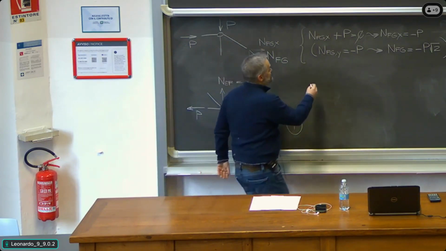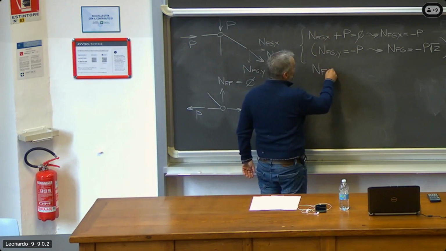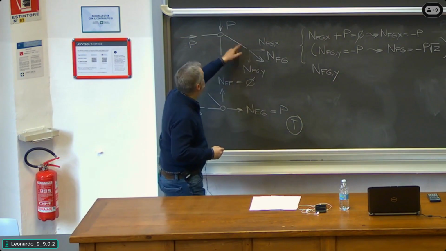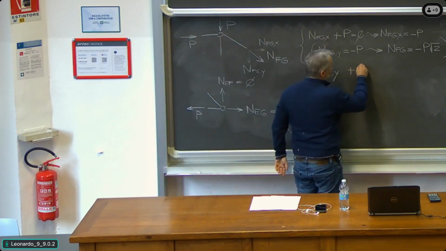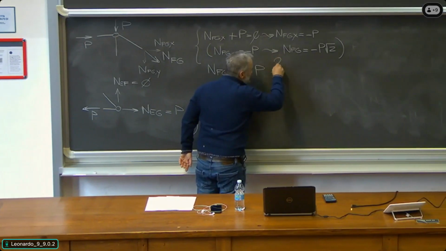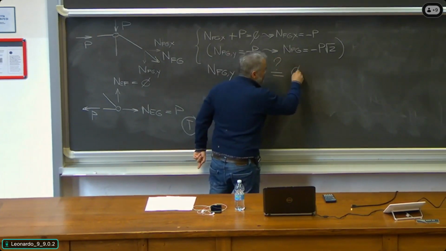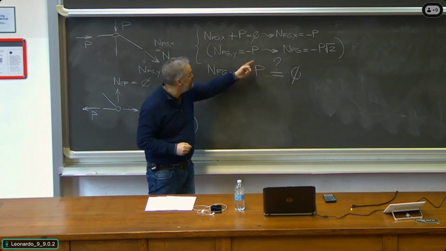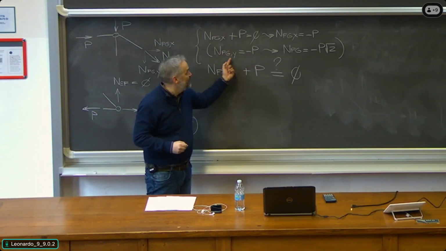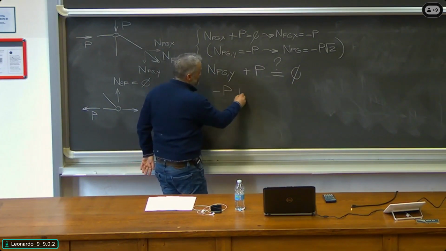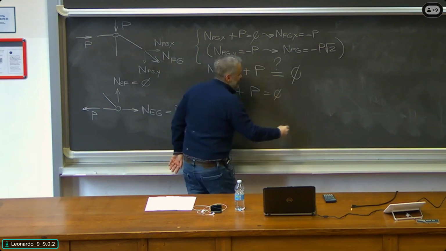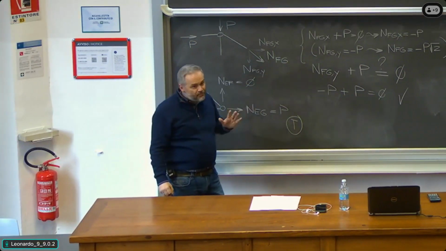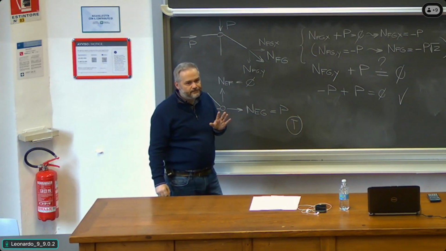So I will in this case write NFGY pointing downwards plus P. Is it equal, question mark, to 0? I cannot use this equation to determine NFGY because I already know it. It's minus P. And by replacing, here is minus P plus P equals 0. Yes, check. First proof that I probably did things in the correct way.